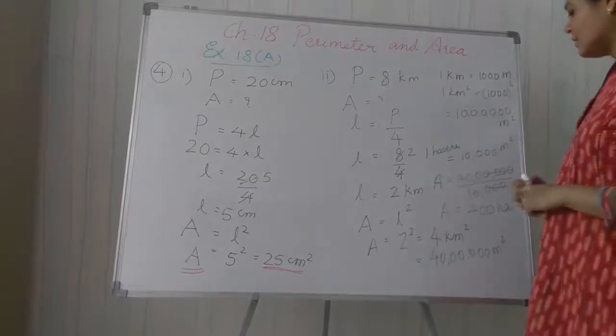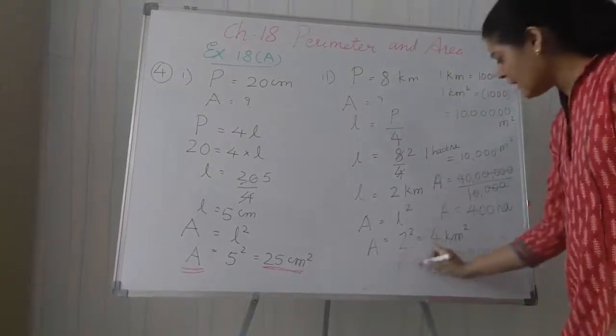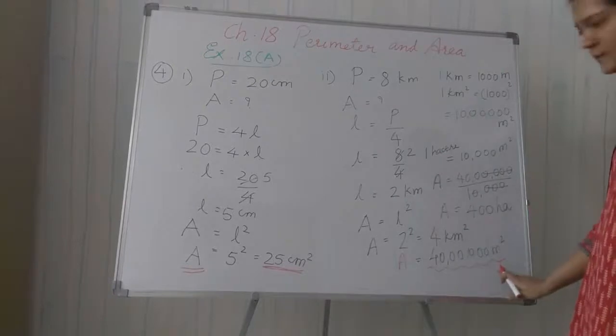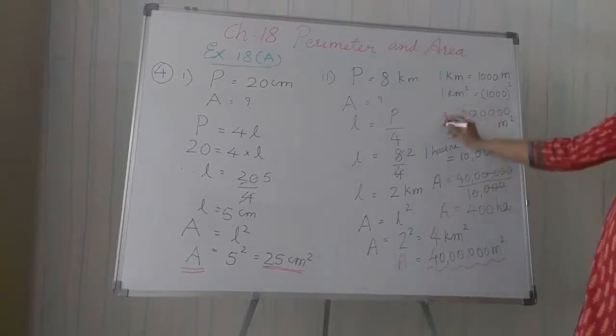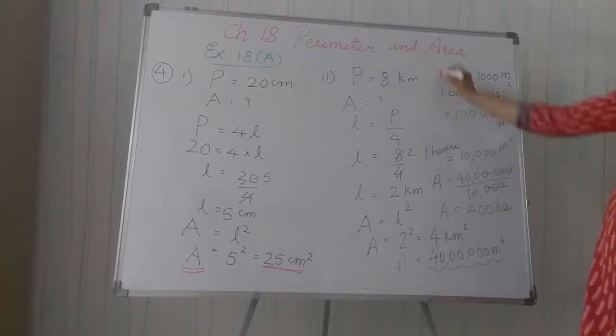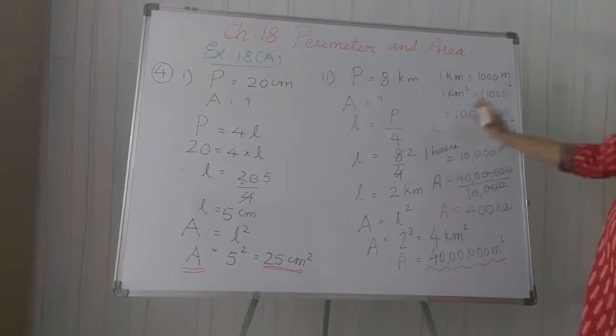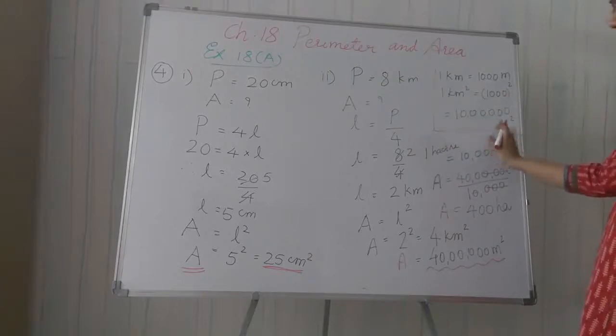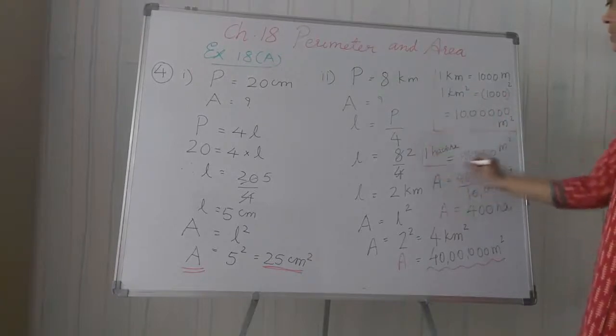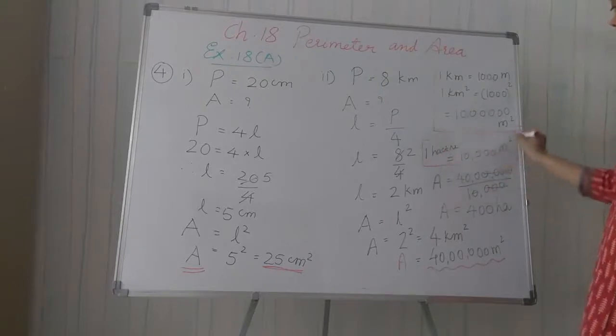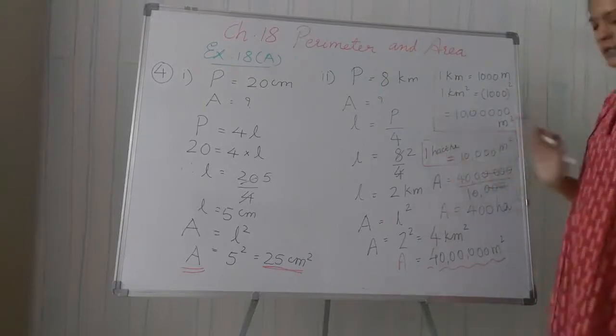So now you see, first of all, this area was converted to meter square. Then I showed you the method here of how to convert kilometer square to meter square and what is the relation of hectare to meter square. This is the relation.